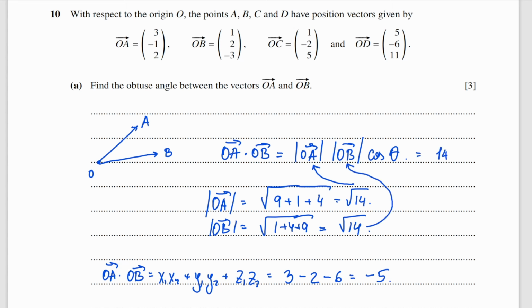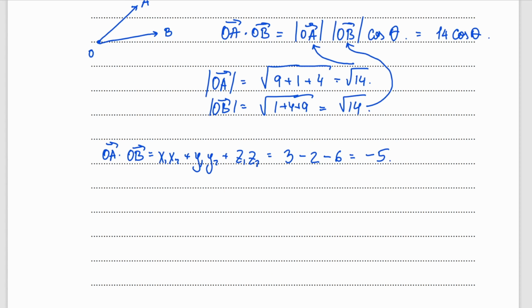We'll get 14 cosine theta. Now, since both expressions are the dot products of the same vectors, we could say 14 cos theta equals -5. Now take the inverse cosine and get 110.9 degrees.